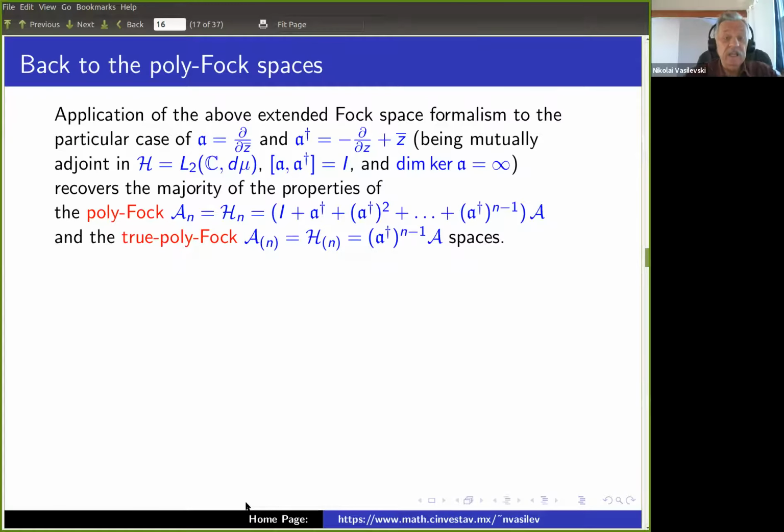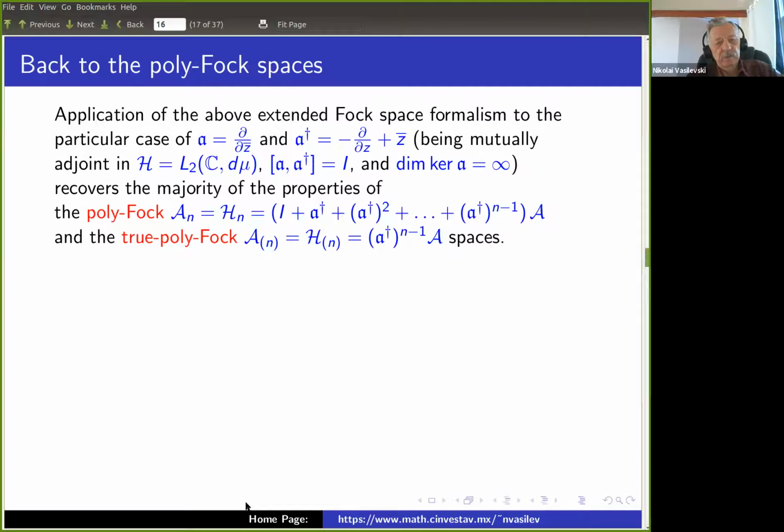So we may now apply what we have seen in this abstract construction to the particular situation of the polyfock space, when the operator A is just the partial derivative with respect to Z bar, and the operator A dagger is multiplication by Z bar minus the derivative by Z. They, as we know, mutually commute and obey the corresponding commutation relation.